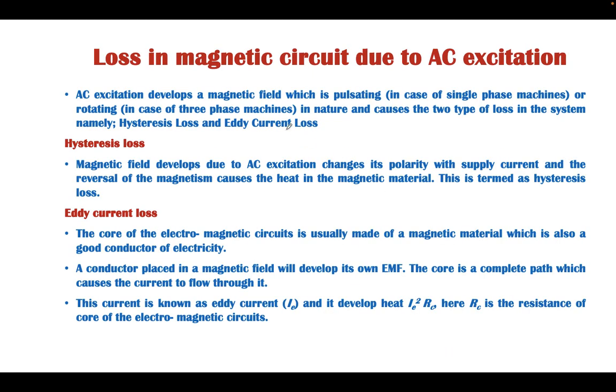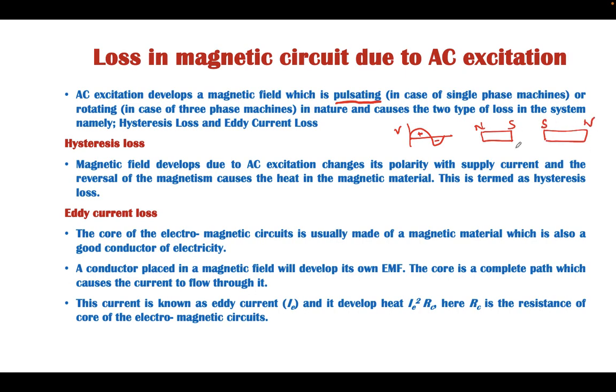Now, the loss in a magnetic circuit due to AC excitation. AC excitation develops a magnetic field which is pulsating. Pulsating here means that in case of AC supply, there is a plus minus polarity for voltage and current, and it causes the field, if at one instant it is north and south, at another instant to be reversed, it will become south and north.